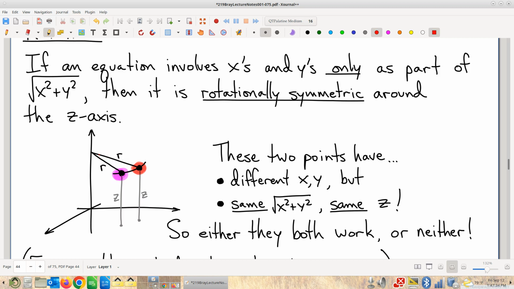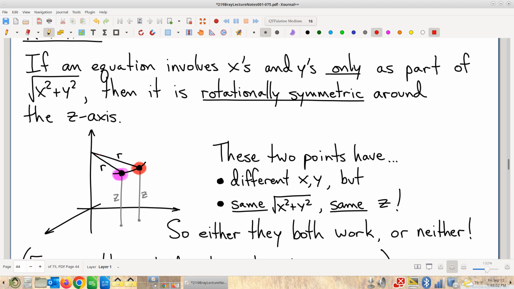And of course, we're assuming that our equation satisfies the condition that x and y appear only in that special form. Here's the thing about those two points. They're different points. They have different x's, they have different y's. Most of the time, when you have two different points with different x's and different y's, and you plug them into some equation, you're putting different numbers in, so you would not expect any relationship between how they work or don't work together.